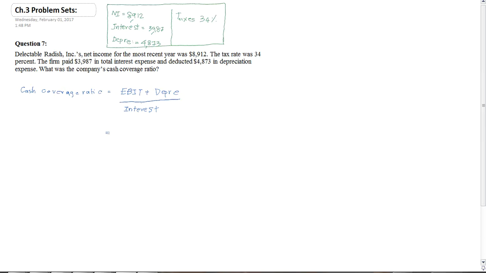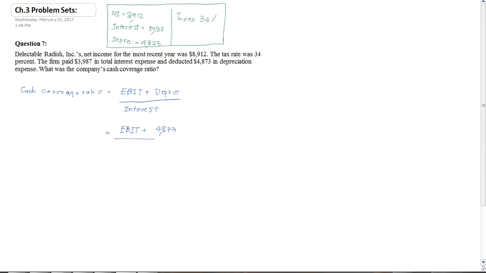So from this equation, what we have is interest and depreciation, but we don't have EBIT, or earnings before interest and tax, yet. I'm going to put everything in anyway, as best we can from the information that we have.